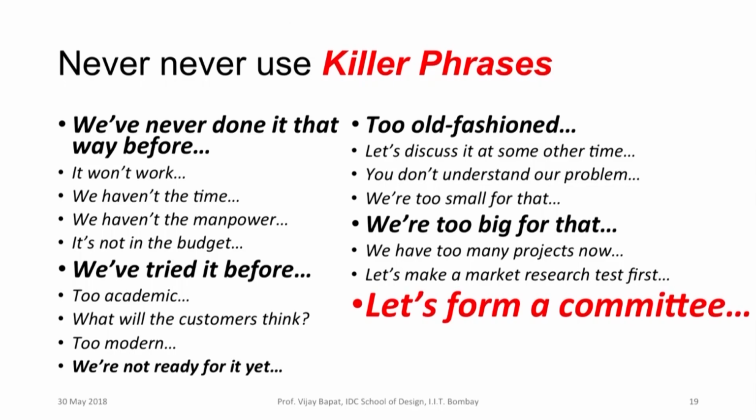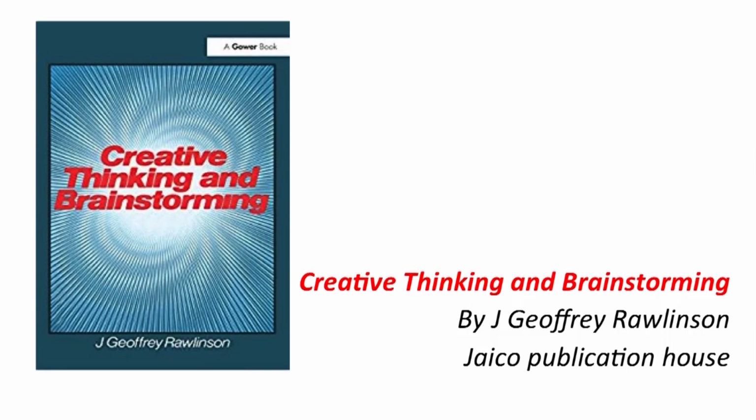This particular book is my favorite on creativity and brainstorming. My favorite book because he has nicely explained the creativity process, how creativity and brainstorming, that whole thing, is to be carried out. And I'm almost using the same methodology for all my problem solving activities.